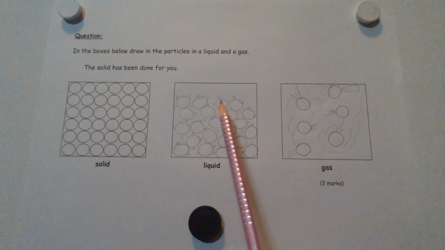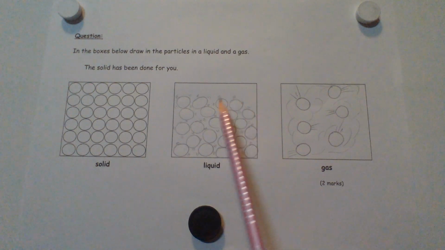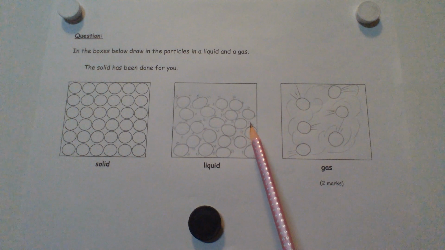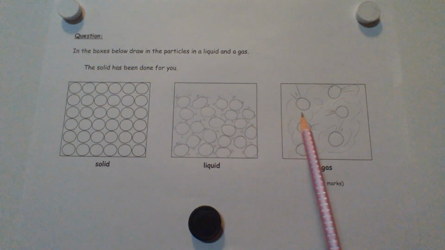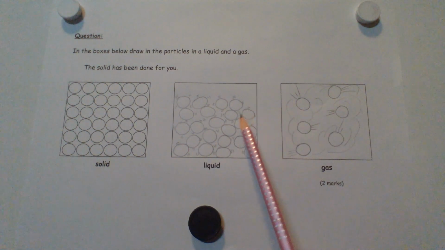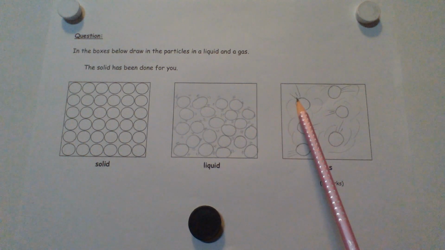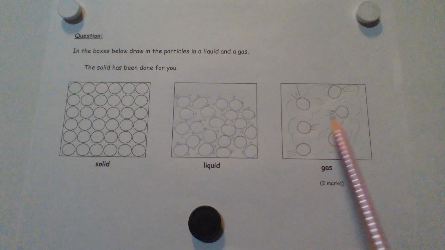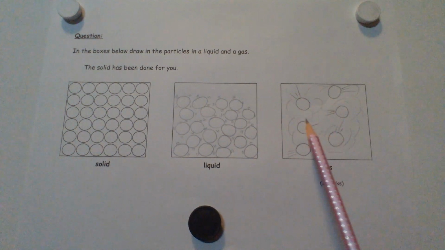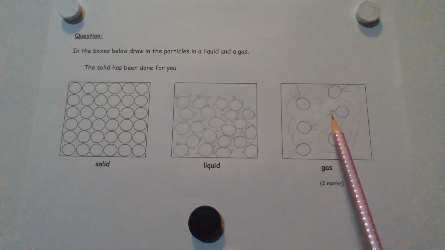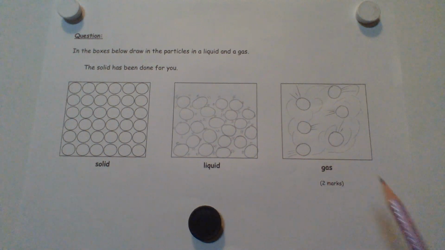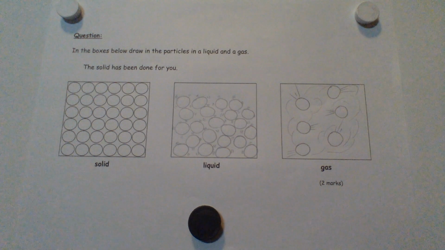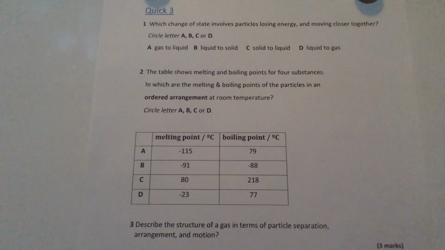Remember, the particles combine and then detach, and that gives it the ability to move and roll over one another to become a liquid. For gas, same size particles again, put these little dashes in, and that gives the impression that they are not only fast moving, but you can also see they're a great distance apart. If you did that, well done. That would be a great effort from you.